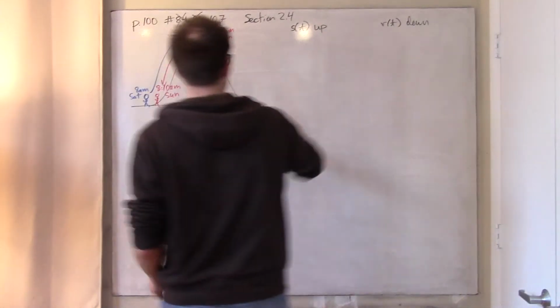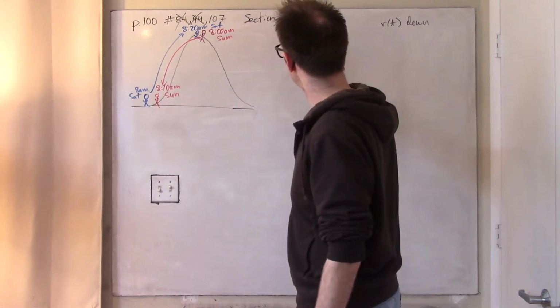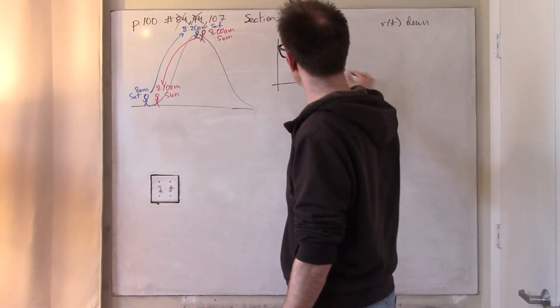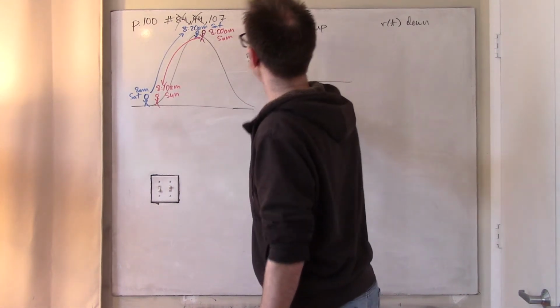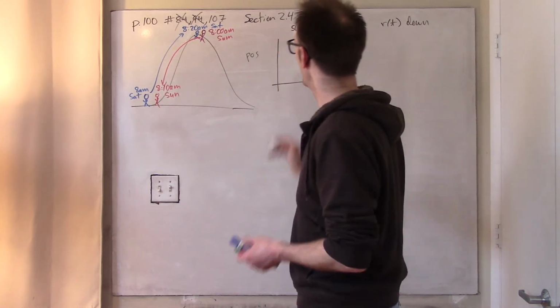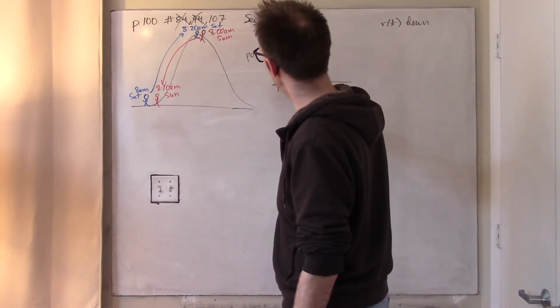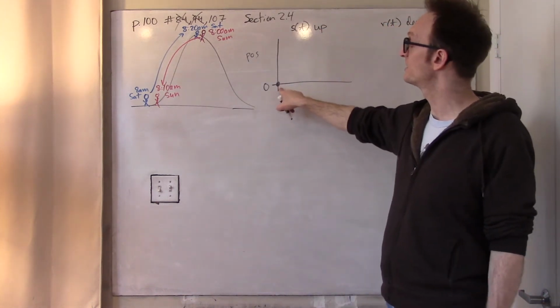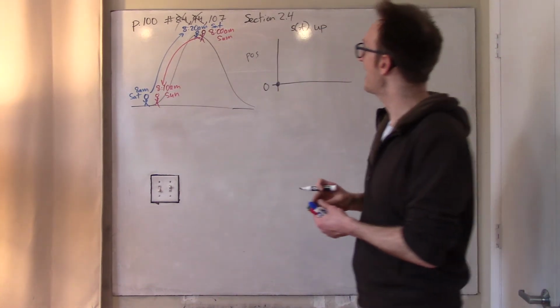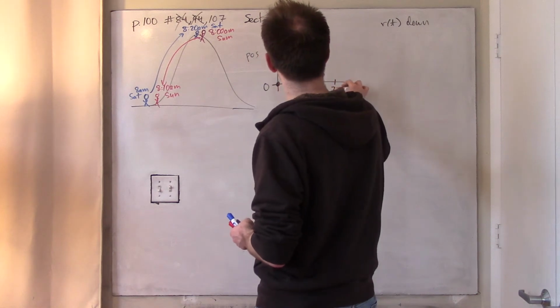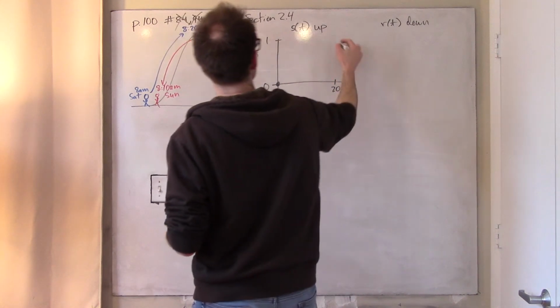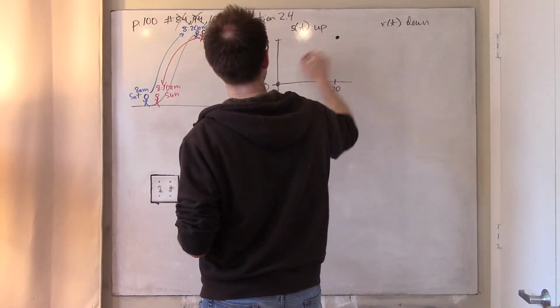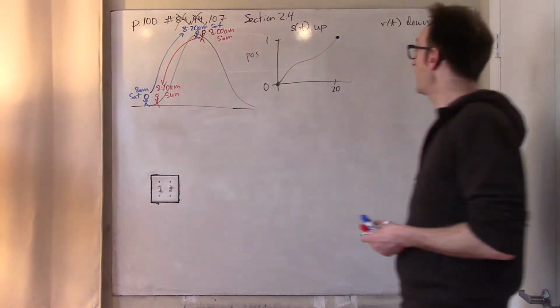And so what does this S of t function look like? Well, it's a position function. And it's a position function in which we start at 0 because this is the run up the mountain. So at time 0, I'm at the bottom. And at time 20, I'm at the top. And I don't know the exact way in which we go up this mountain.